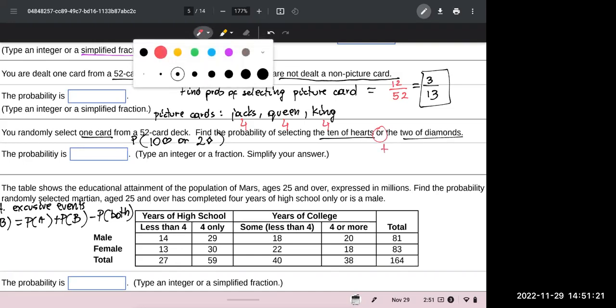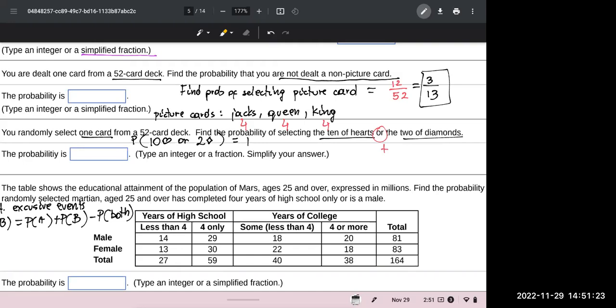So that means you have to calculate the probability that you select the 10 of hearts plus the probability of selecting the 2 of diamonds, I mean the card number 2 with a diamond. Okay. So this is a mutually exclusive event.